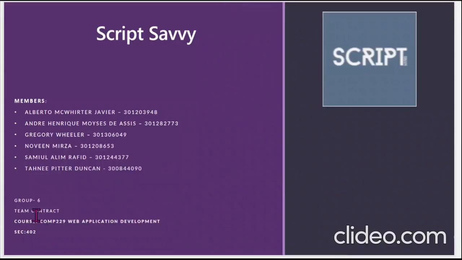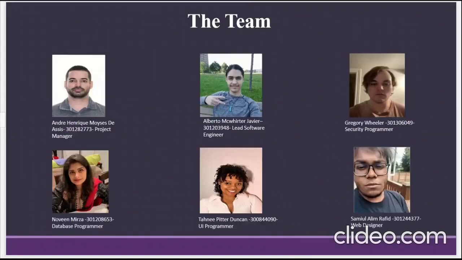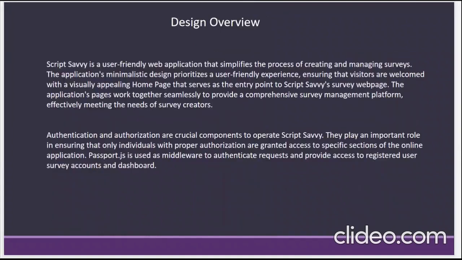Savvy team, we're group 6 and we are making a survey site, and these are the names of our team members with our pictures. The second release of the web application focuses on authentication and authorization, which are an important part of any web application.